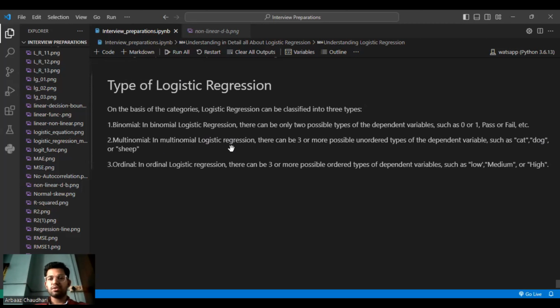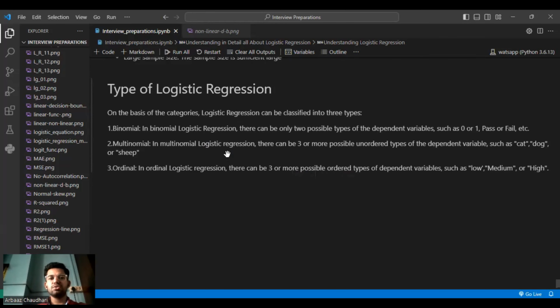This multinomial and ordinal type of problems I have never seen carried out by logistic regression, but these are also rarely used sometimes, so it is written.